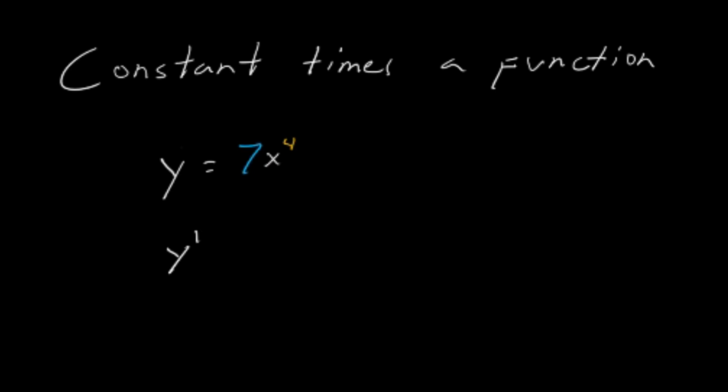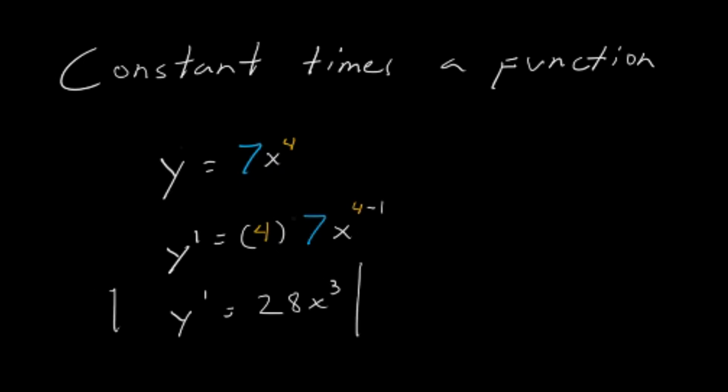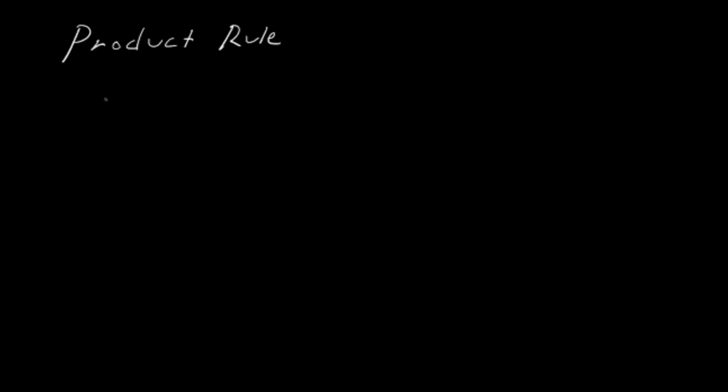You can get its derivative by multiplying the exponent to the base and subtracting 1 from the exponent. Therefore, 4 times 7 is equal to 28 and 4 minus 1 is equal to 3. And the derivative will be 28x cubed. Easy, right?